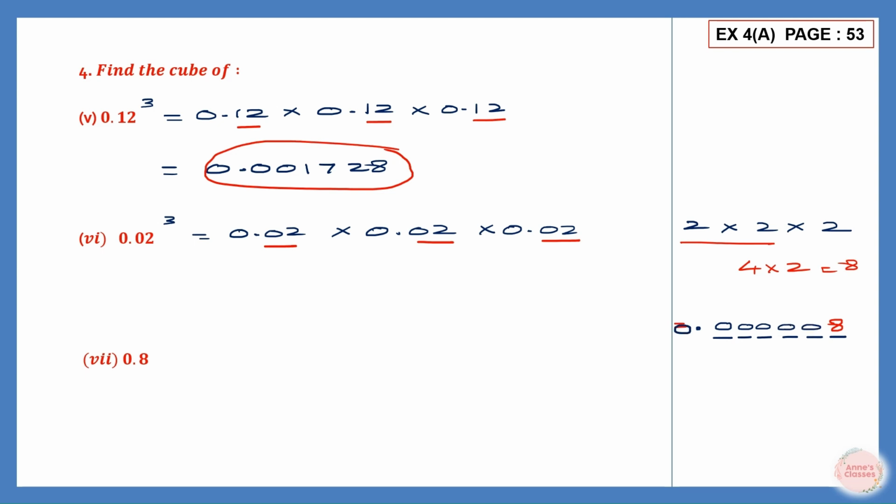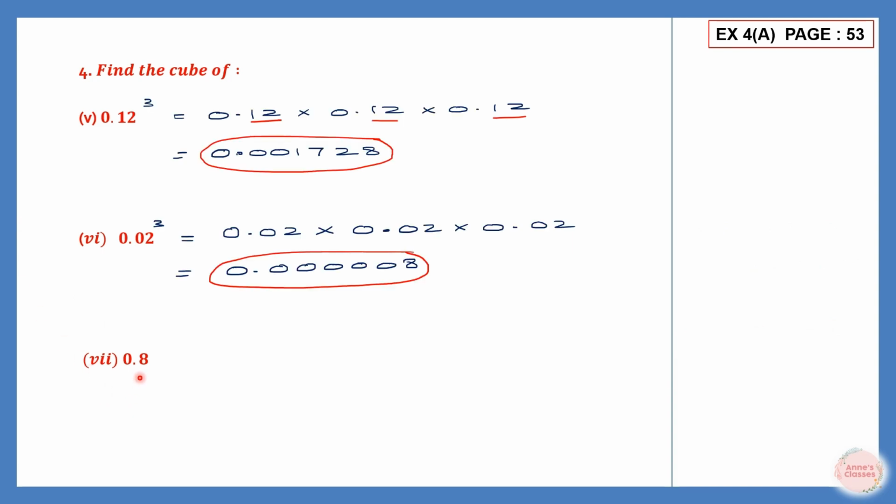And even here before this, we put a 0. So that becomes 0.000008. So let's write that answer here. So we have 0 with 5 zeros and an 8. So this is our answer. So you have to remember to put the point correctly in the right place.